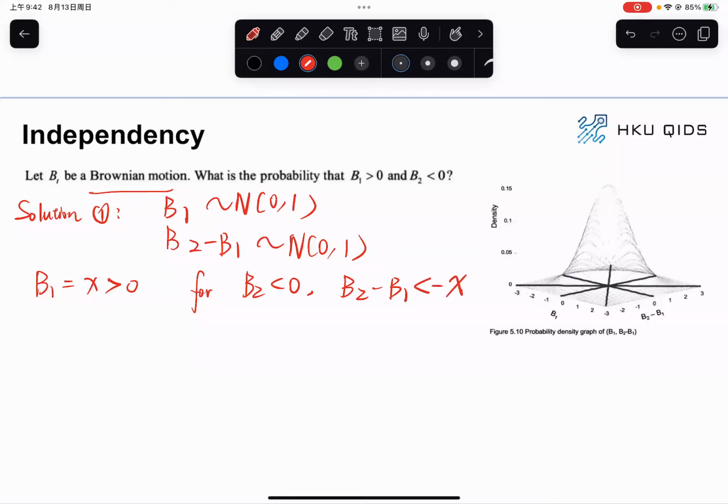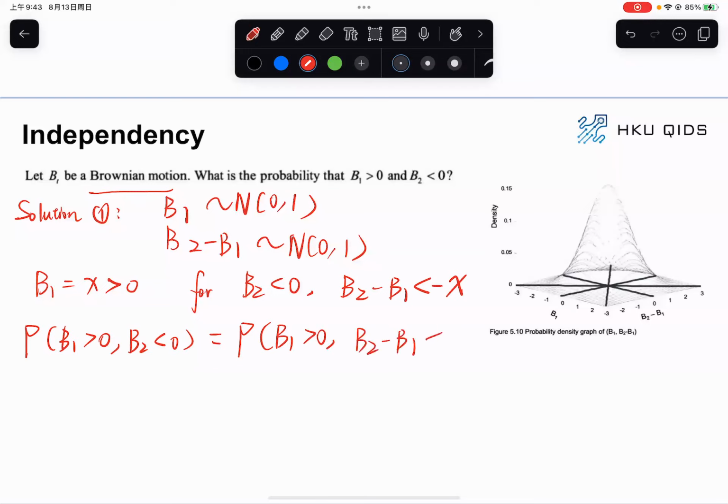So the probability that B_1 is larger than 0 and B_2 is smaller than 0 is the same as the probability that B_1 is larger than 0 and B_2 minus B_1 is smaller than negative B_1. We intentionally construct it this way because if we denote this thing by Y, it also follows a standard normal distribution.